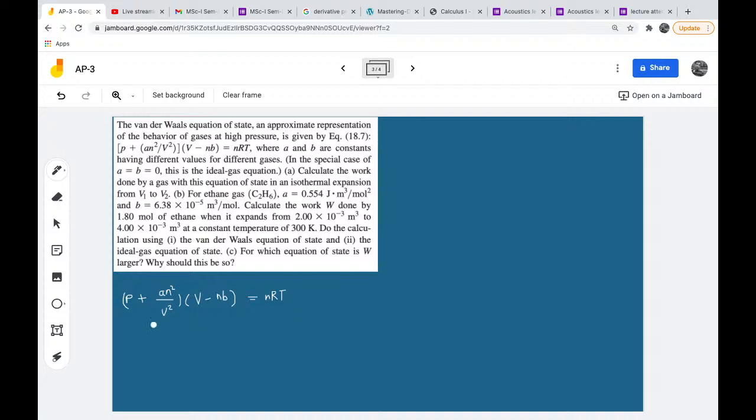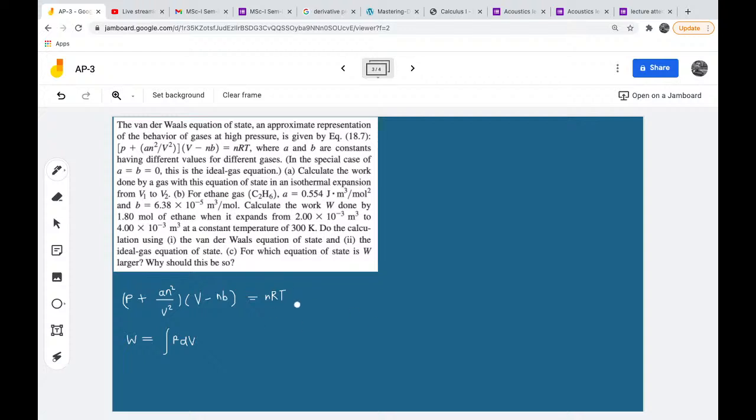How do I get my work done from this? What is the work done equation? So we are all familiar. Differential work done is PdV, and the total work done W is going to be the integration of PdV, starting from V1 to V2.